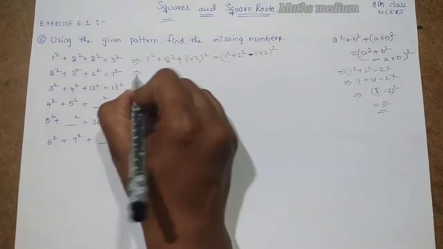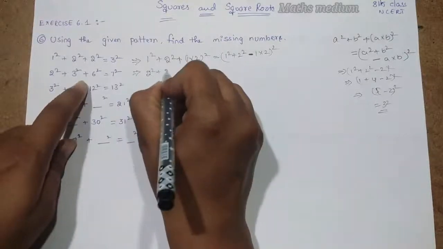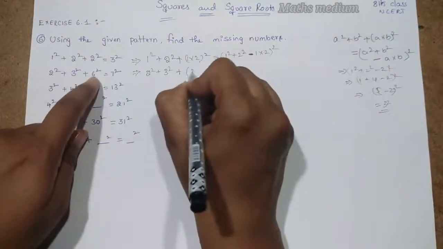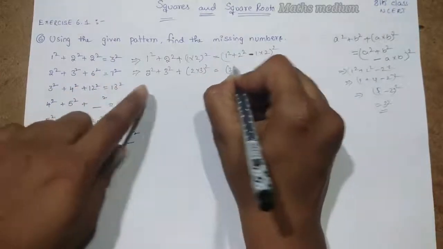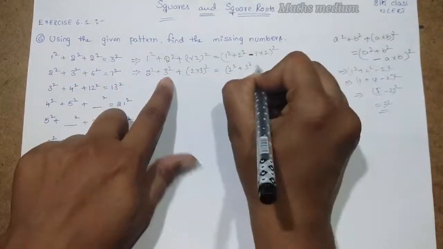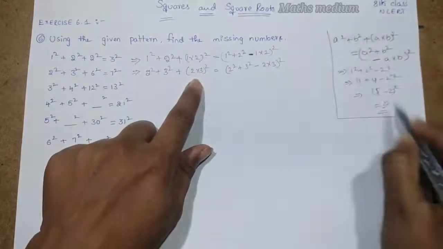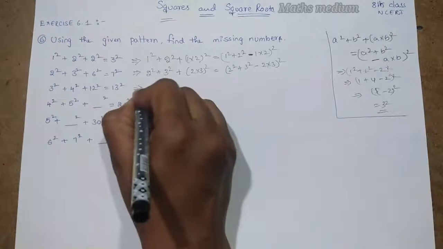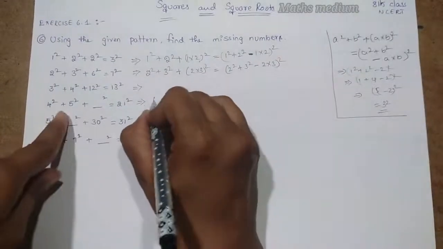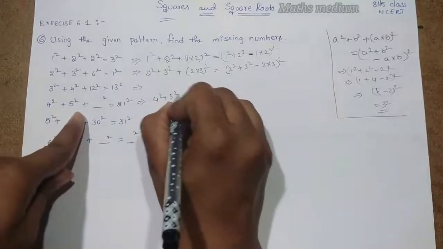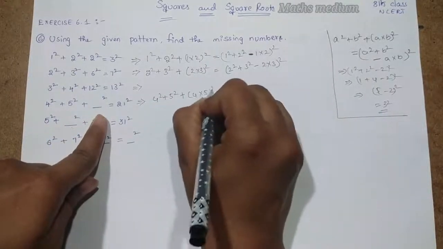Similarly, this pattern also, if you check here, this is 2 square plus 3 square plus 2 into 3 whole square. It gets as 2 square plus 3 square minus 2 into 3 as per this equation. Similarly, this also: 4 square plus 5 square plus 4 into 5 whole square.